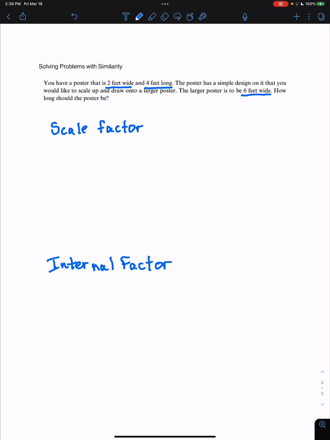So the scale factor, what the scale factor says is we have 2 feet wide in our small poster, and we want it to be 6 feet wide on our large poster. So how do we get from 2 feet to 6 feet? We have to multiply by a scale factor of 3.